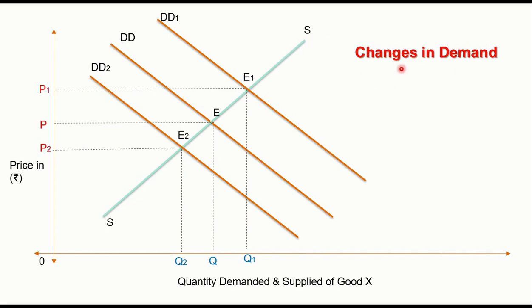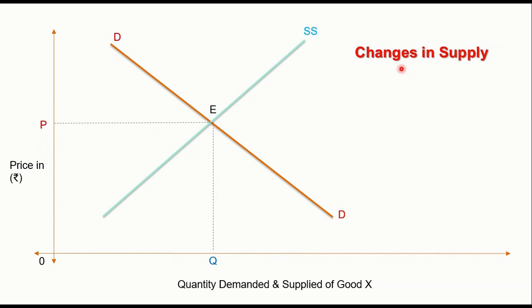Now we shall see the case of a shift in the supply curve while demand is constant. Remember, the supply curve shifts rightward or leftward when there is a change in non-price determinants of supply. When supply increases, the supply curve shifts rightward. When supply decreases, the supply curve shifts leftward.